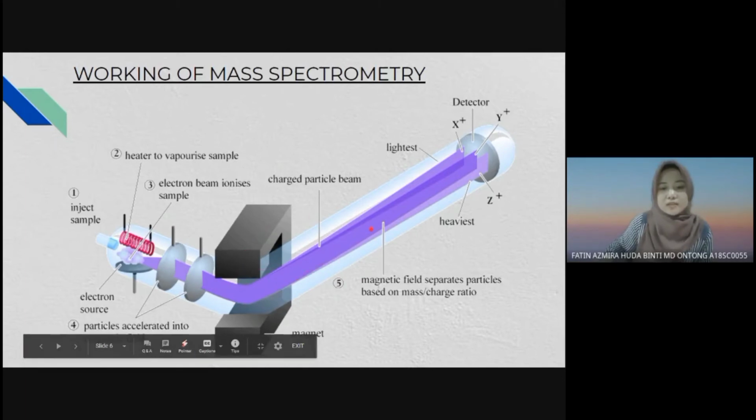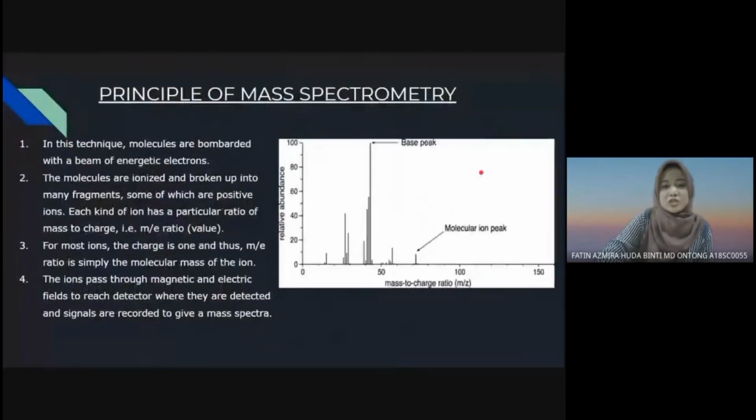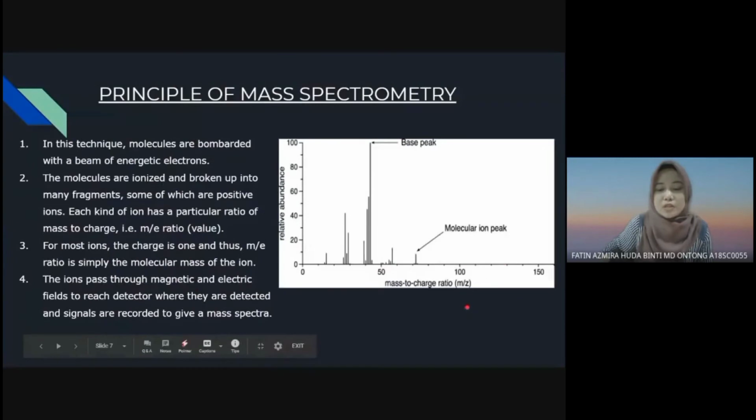It will bend less if it has a larger mass, but if it has a smaller mass, it will bend more. So the detector will detect these isotopes and form a chart like this. For the x-axis, it is the mass to charge ratio, while the y-axis is the relative abundance. So this 1, 2, 3, 4, 5 are the isotopes that exist in the element.